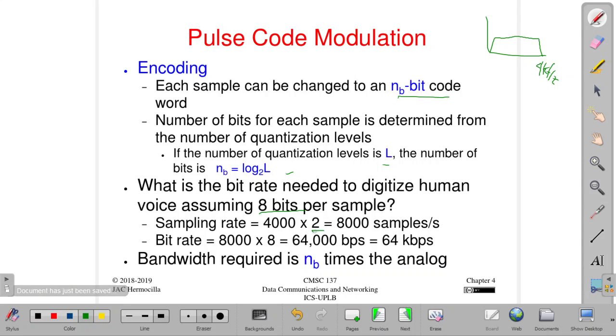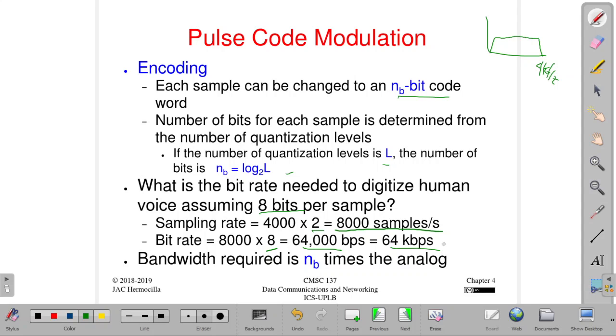So we have 2 times 4,000, so we'll have 8,000 samples per second, and we multiply that by the number of bits. So 8,000 times 8, so that will give us 64 kbps.